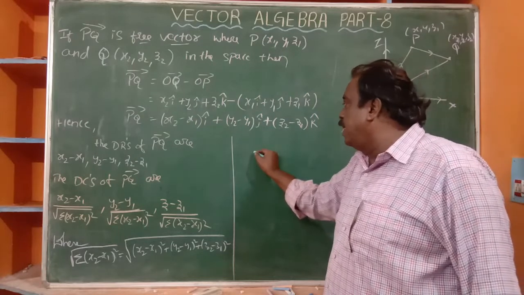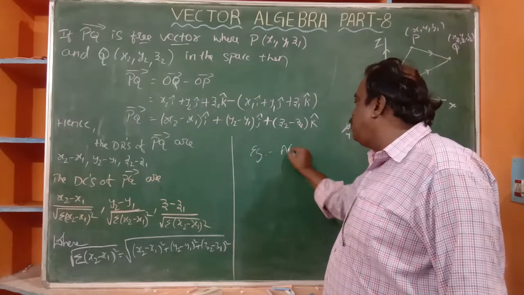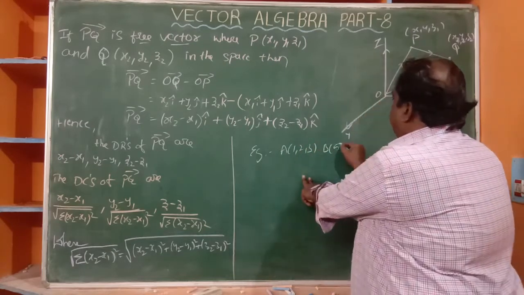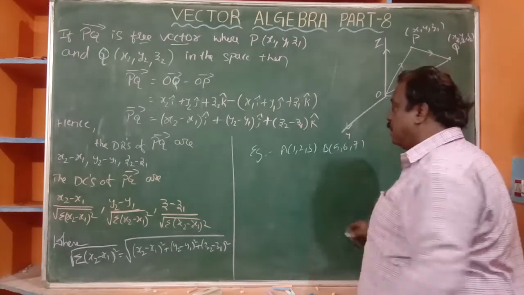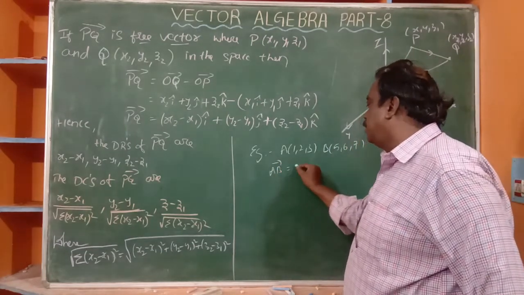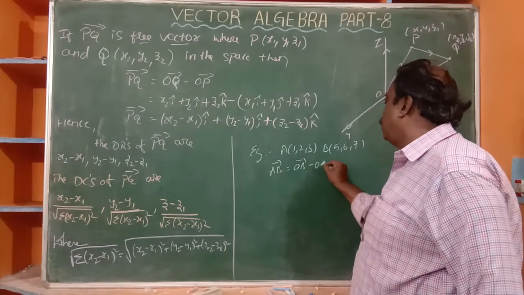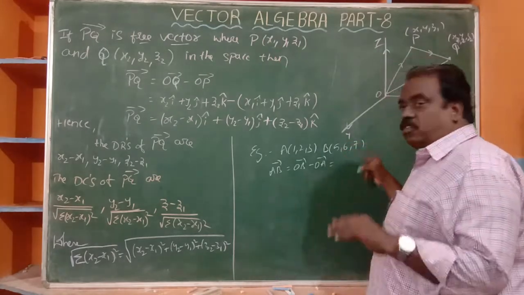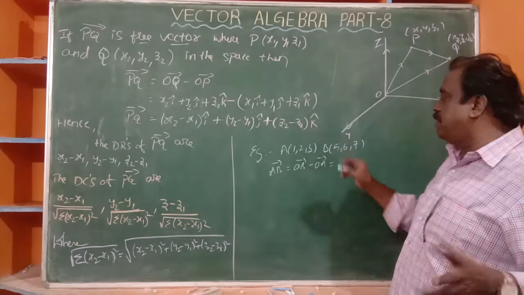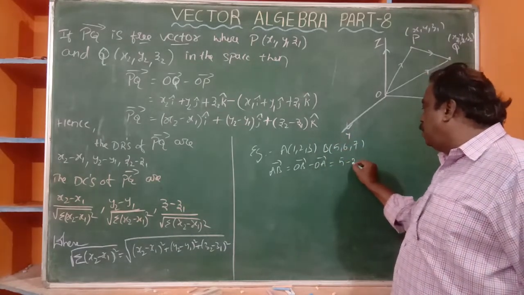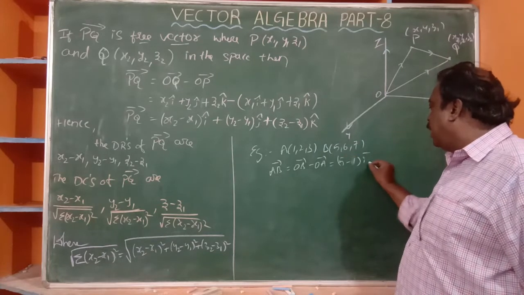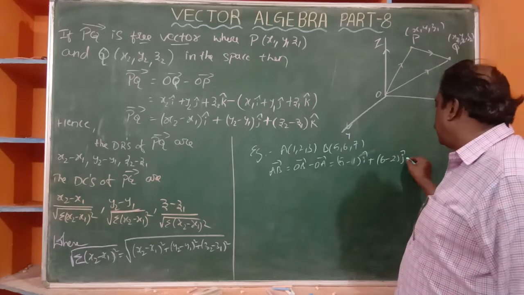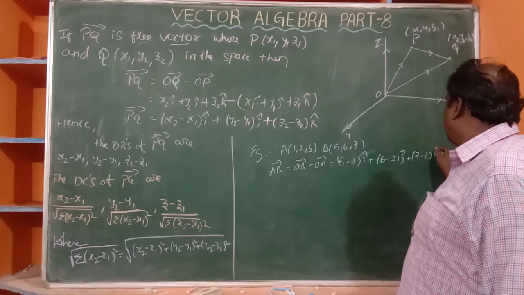Okay, I will take one example. Suppose A is 1, 2, 3 and B is 5, 6, 7. Then what is AB bar? We know AB bar is OB bar minus OA bar. It is not needed to write every time 5i plus 6j plus 7k minus i minus 2j minus 3k. Simply write 5 minus 1 i cap, 6 minus 2 j cap, 7 minus 3 k cap.